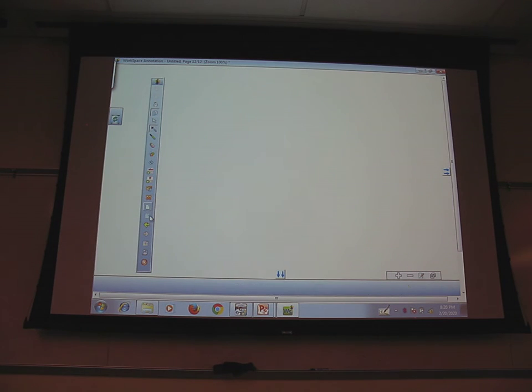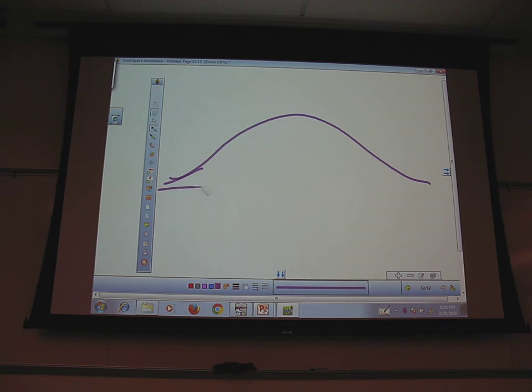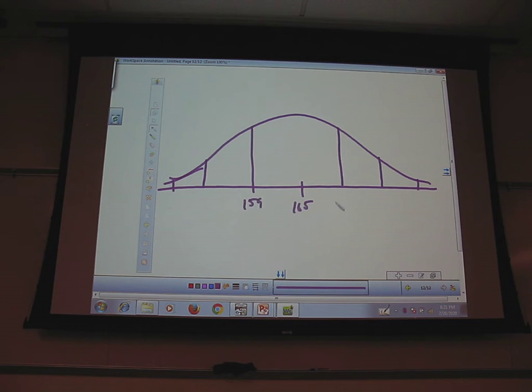There is a homework problem that you have, which is kind of a pain. I'll talk about the basic idea here. This is my 165, this is my 159, this is my 171.